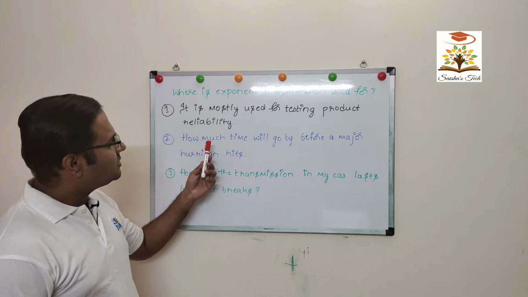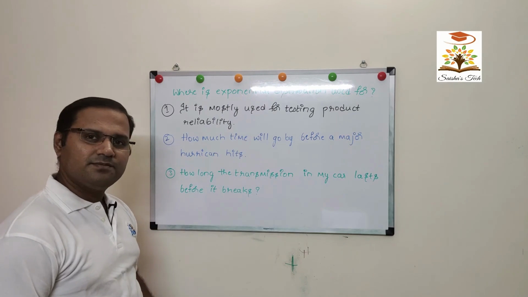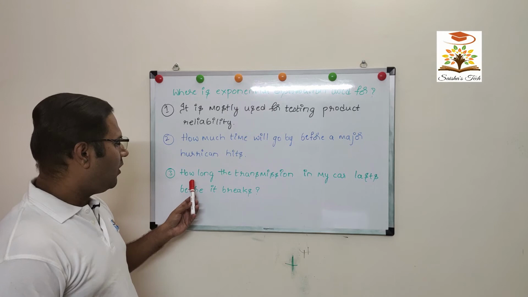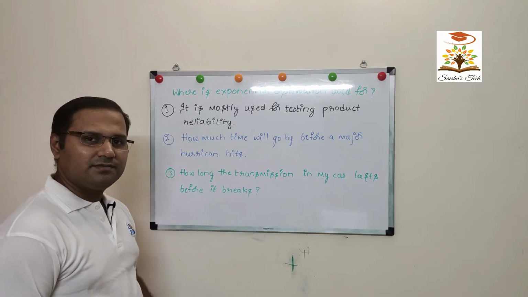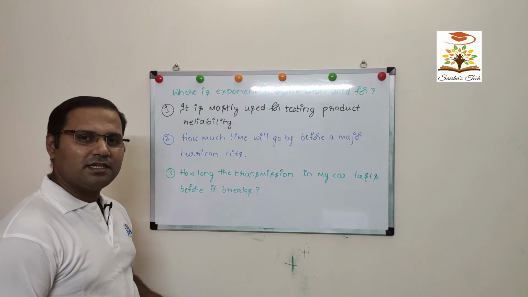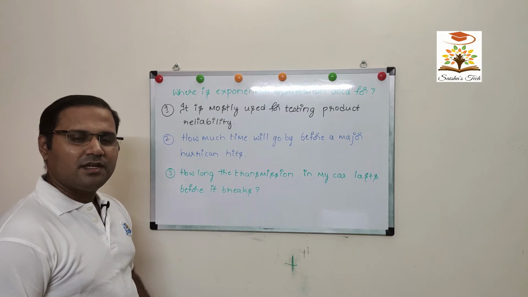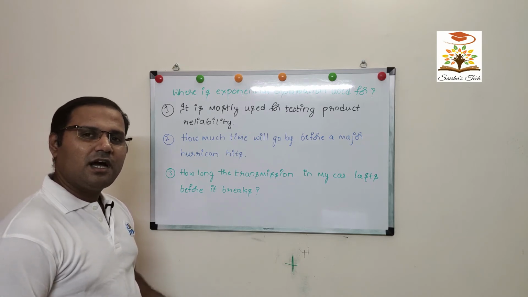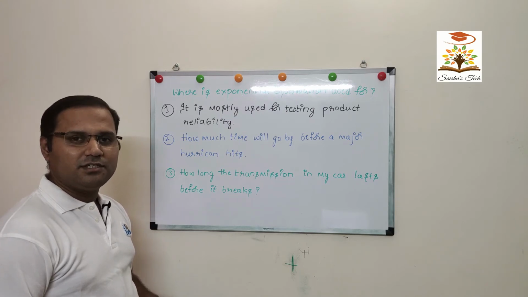Similarly, how much time will go by before a major hurricane hits, or how long the transmission in my car lasts before it breaks. These are some of the examples of exponential distribution.